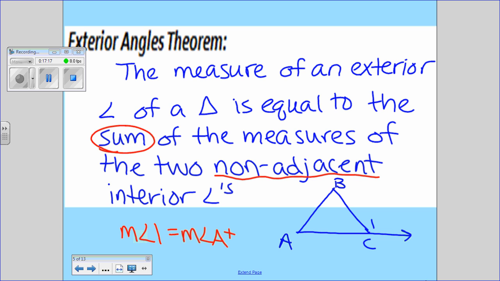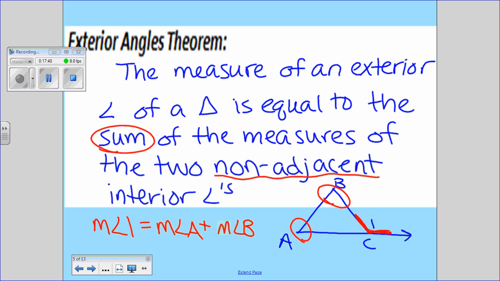Angle B. And angle B. So for the measure of an exterior angle, you're going to add up the 2 non-adjacent interior angles. The ones that are not attached are the ones that you're going to add.